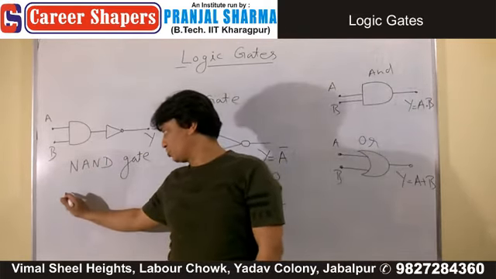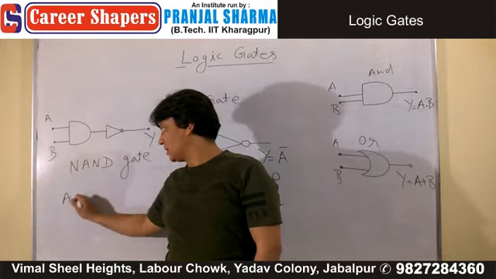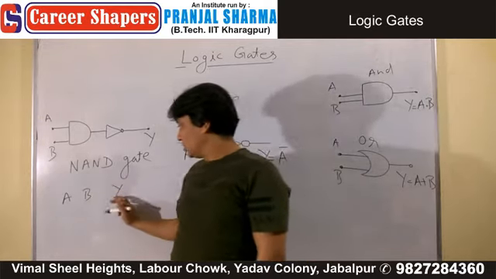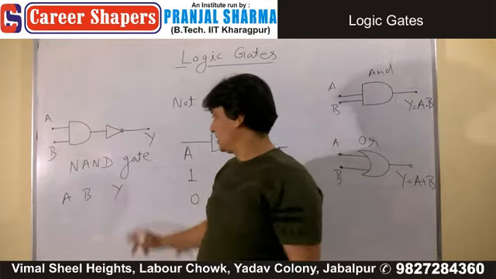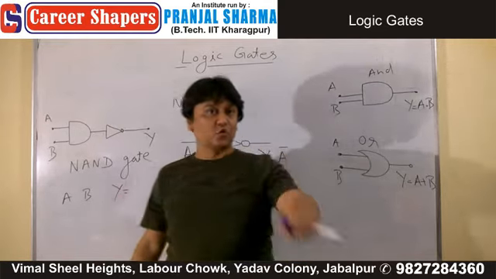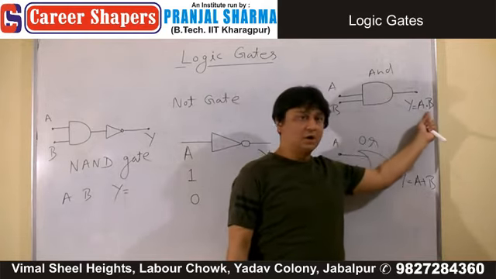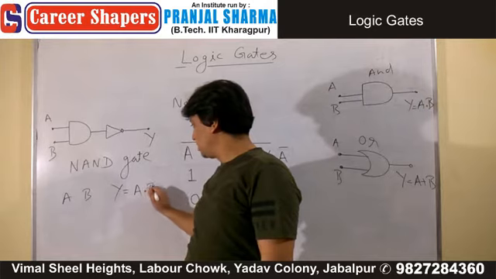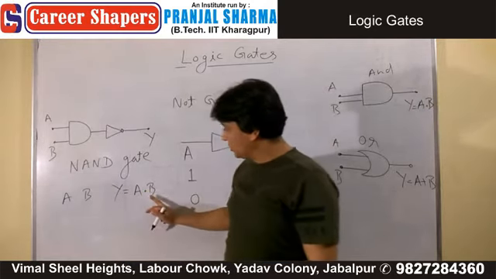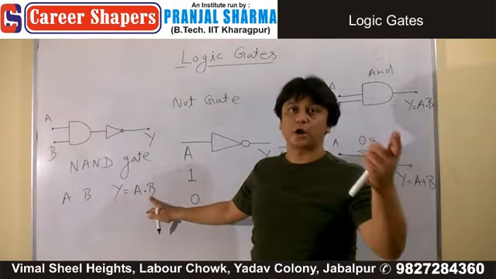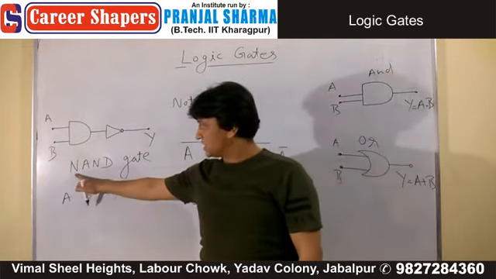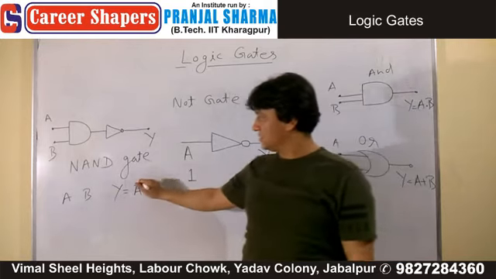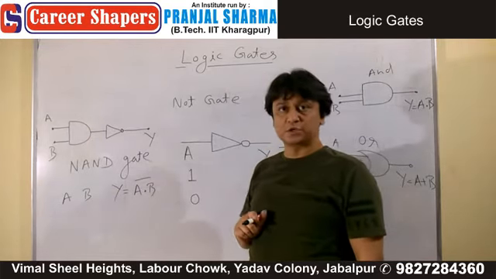What is the truth table for NAND gate? A, B, Y. What is Y for normal situation? A dot B. AND gate, product. But this is NAND. What NOT gate does, it gives you this.